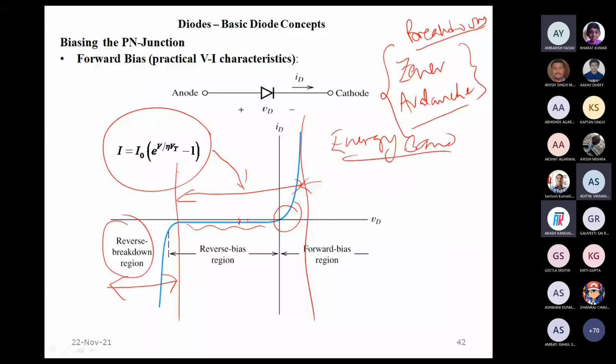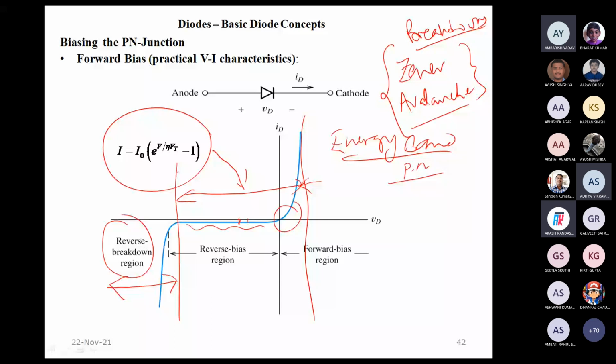Okay, energy band diagram. So to draw the energy band diagram of PN junction, let us first separately draw the energy band diagram of P and N type materials.